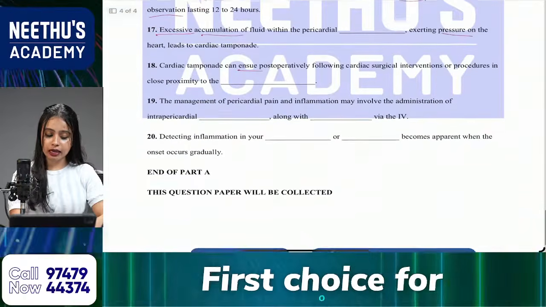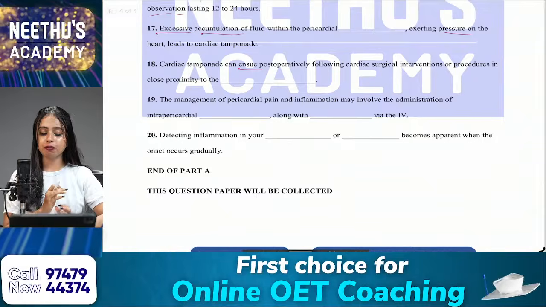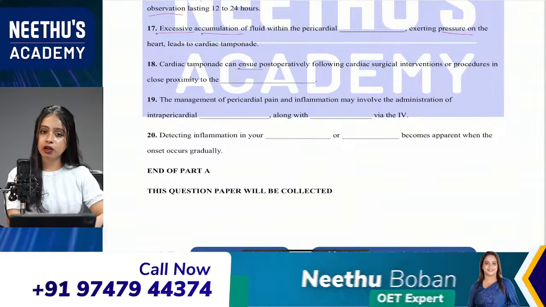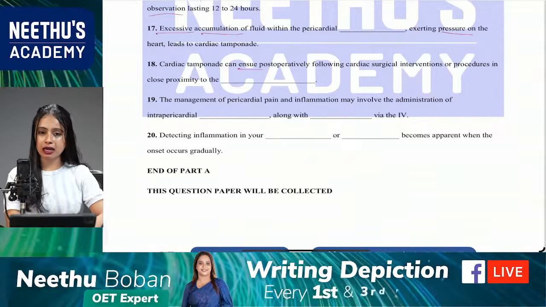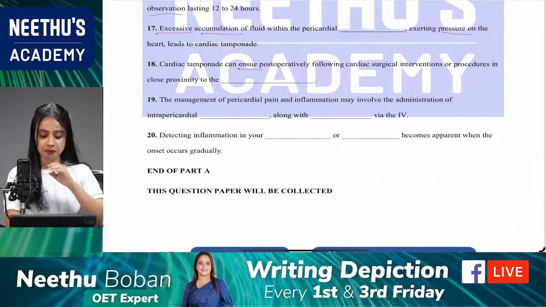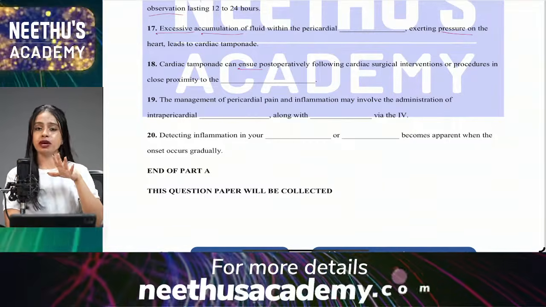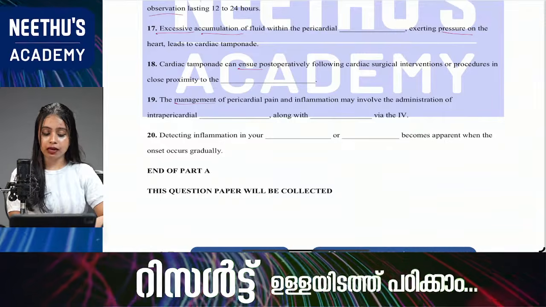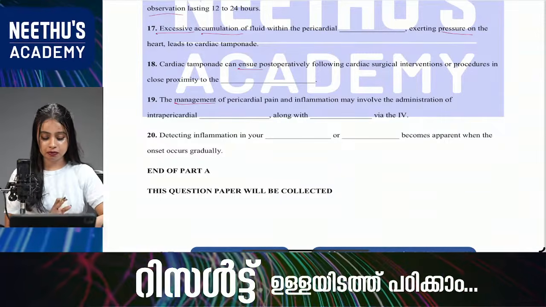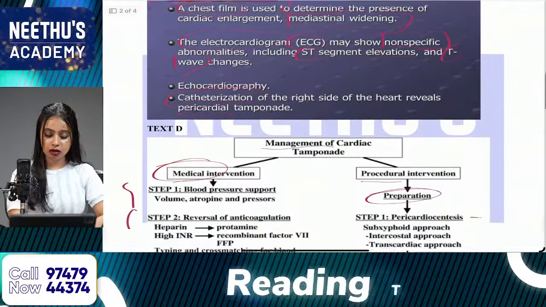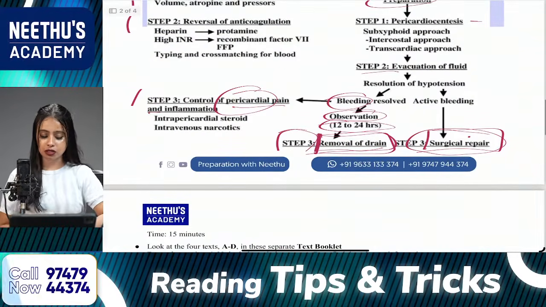Then the second last question: the management of pericardial pain and inflammation may involve the administration of intrapericardial dash along with dash via the IV. So here you have to find out two missing words. Management: definitely I know that that answer is from text D. So what are the missing words here?